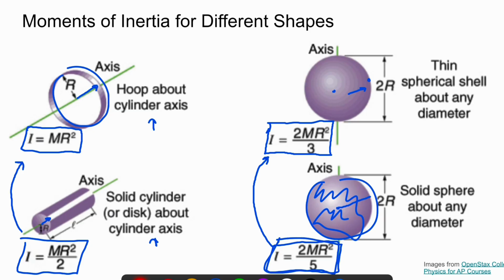And then if we hollow that out so that the sphere only has its mass around the outside, a hollow sphere is going to have a larger moment of inertia than a solid sphere would, because that mass is now further away from that axis of rotation.